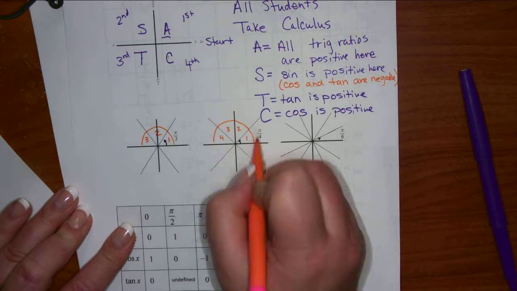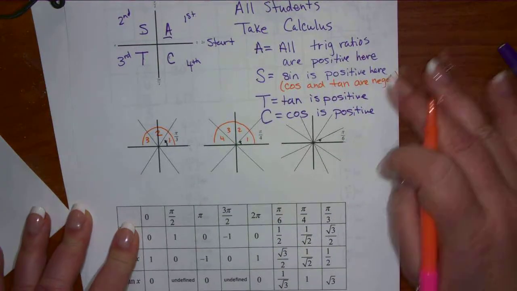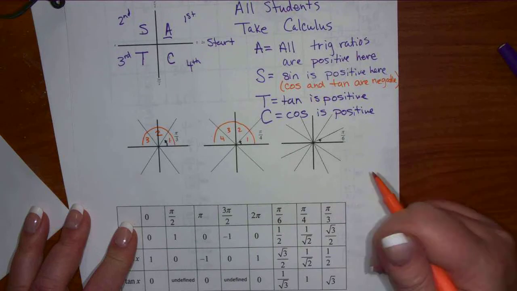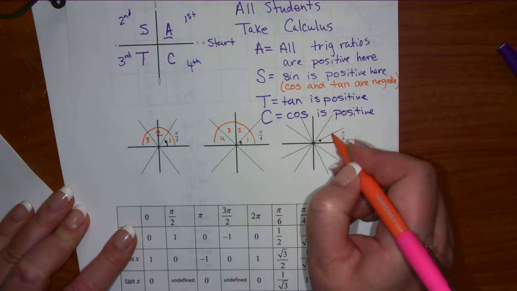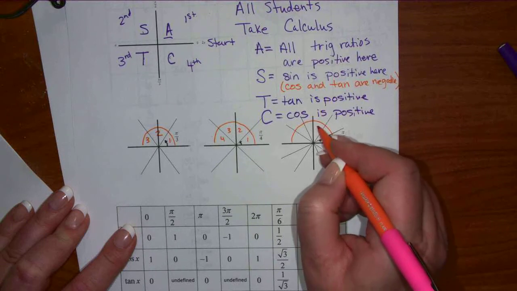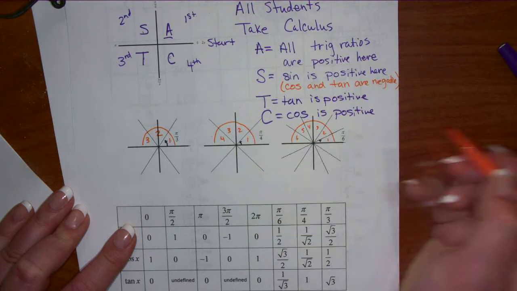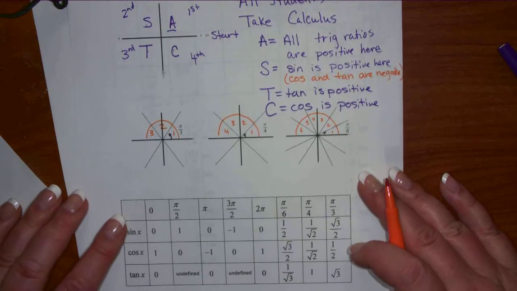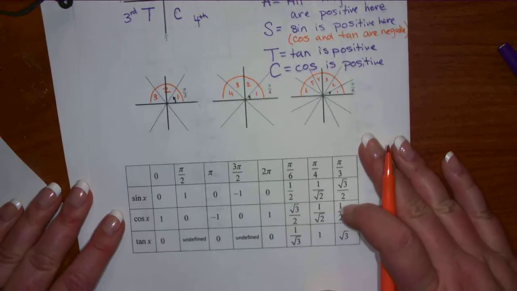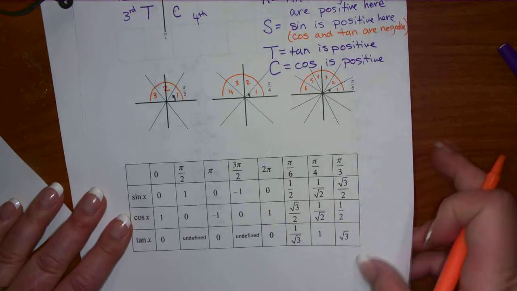I find it helpful to put the little circle there so that you can picture it as a pi and that those lines are cut marks, but you don't always see them. Sometimes you just see the line, and this would be 1, 2, 3, 4, 5, 6, 7. Okay? Now, we've got a table here, but I'll talk about that in a minute. Okay, so we'll go back to that.